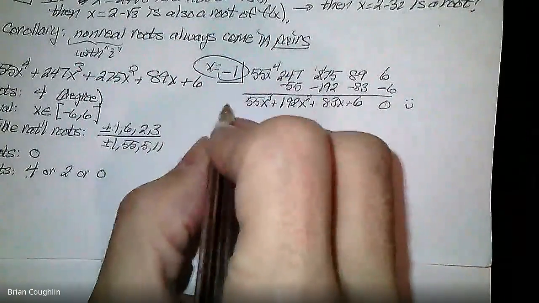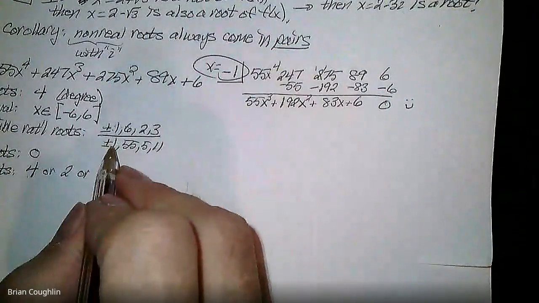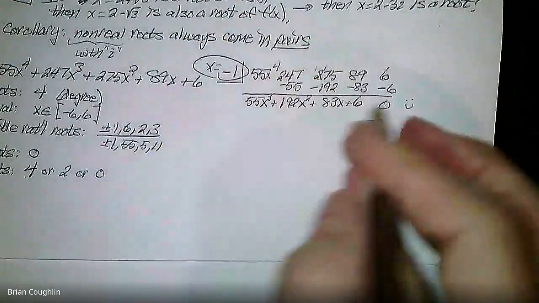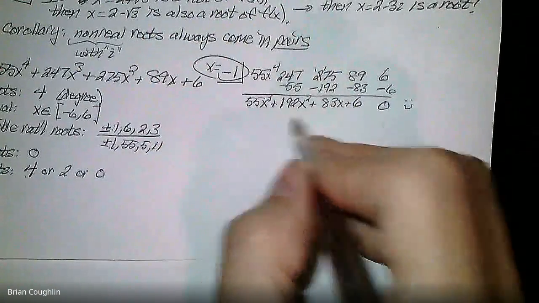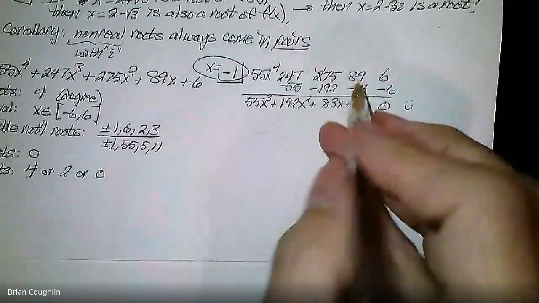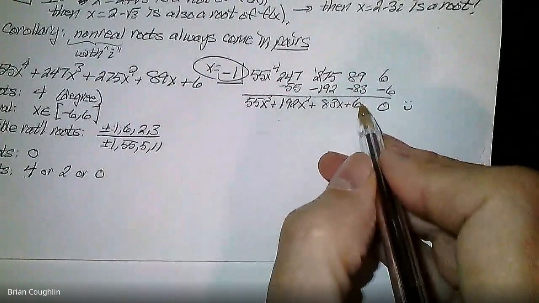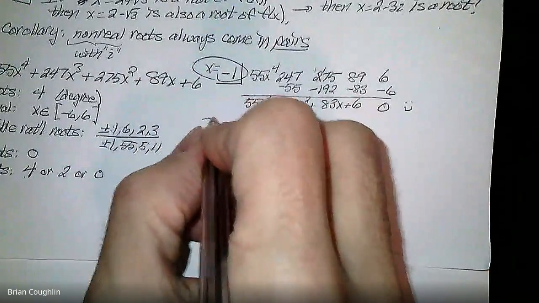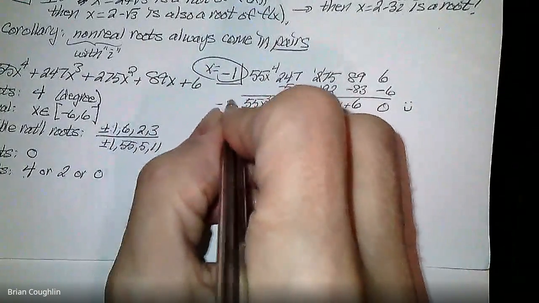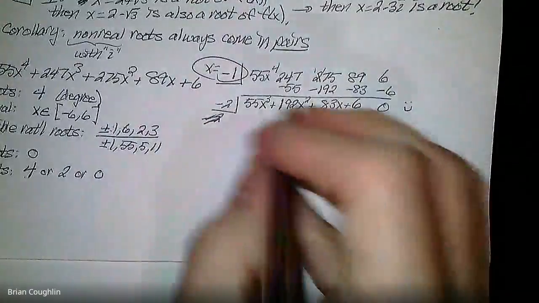Anyway, so we have to keep guessing. We've got 1, which is great. Now, keep in mind, see this last number? The roots are still from -6 to 6, or in our case, from -6 to 0, because we know positives aren't going to work. So we can try the next one. I'm going to try -2. If it doesn't work, it doesn't work. It's no crisis or anything. It's just more paper.